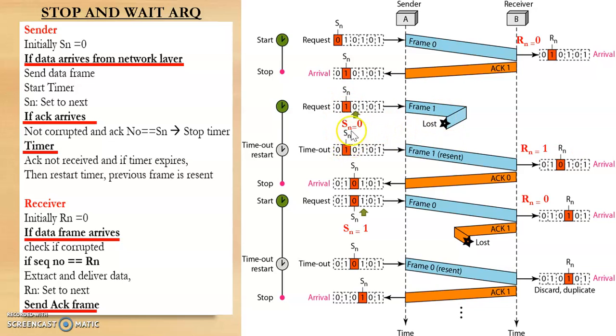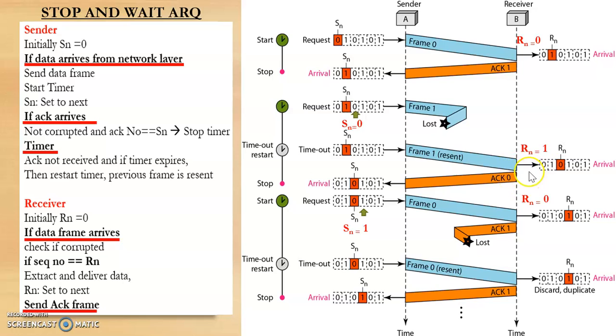So now Sn value will be 1, the timer will be restarted and frame 1 will be resent. Then after sending the frame, Sn will be set to the next sequence number; Sn was 1, so now Sn will be 0.